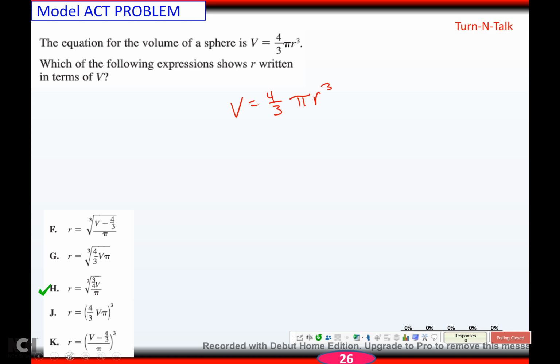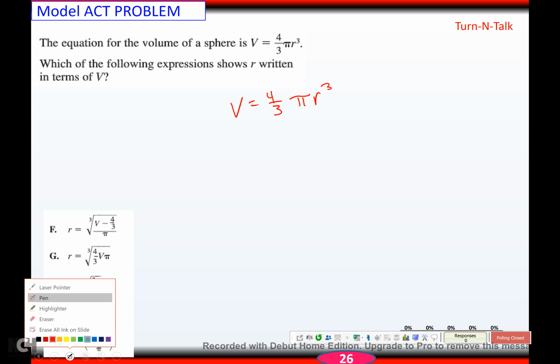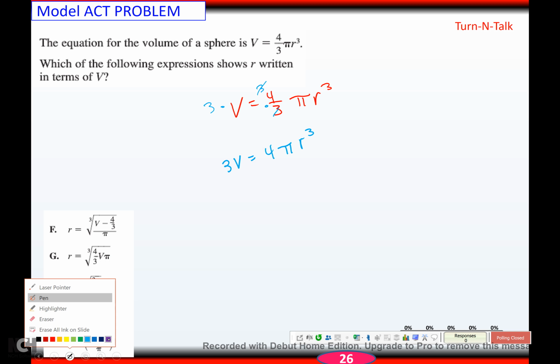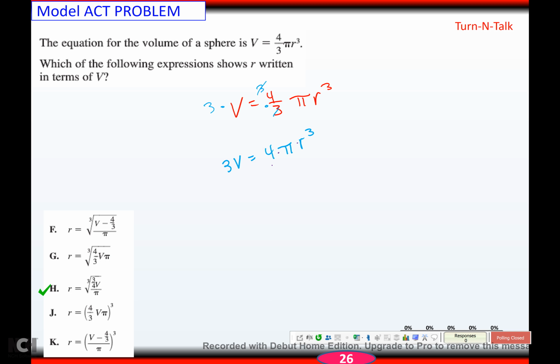So they're trying to get me to get r alone. Well, the first thing I'm going to do is get rid of this fraction. So I'm going to multiply both sides by 3. That gives me 3v equals 4 pi r cubed, because that 3 cancels that 3. So I got rid of the fraction. Now I'm going to get rid of times 4 times pi, so I'm going to divide by 4 pi.